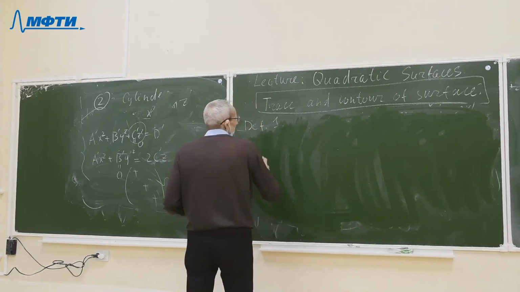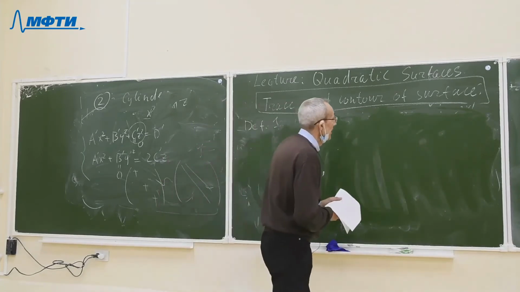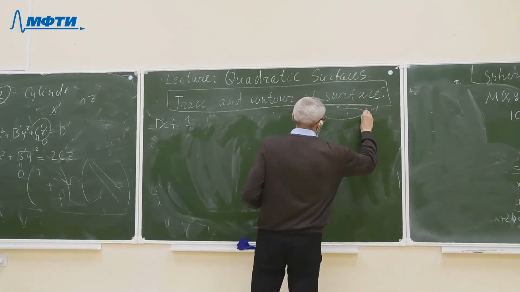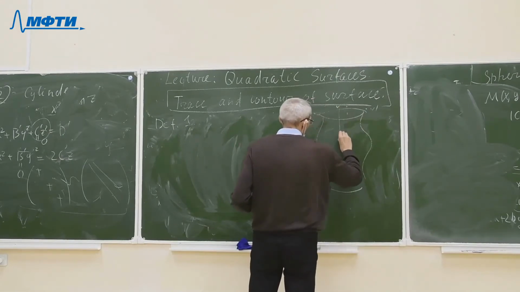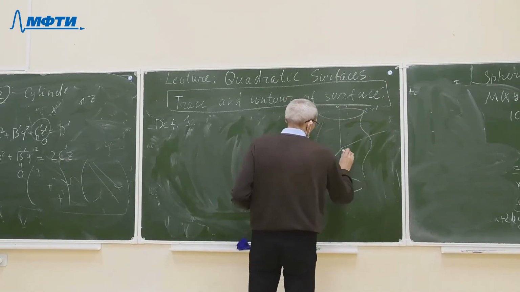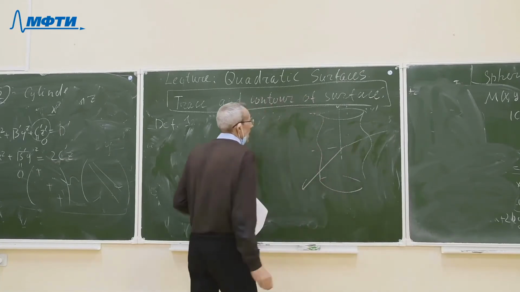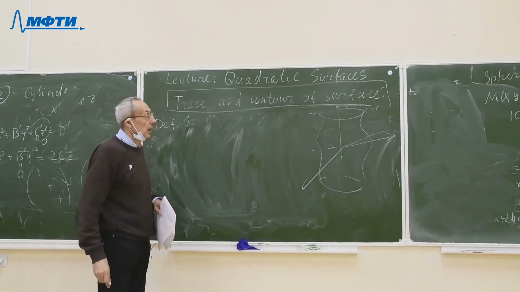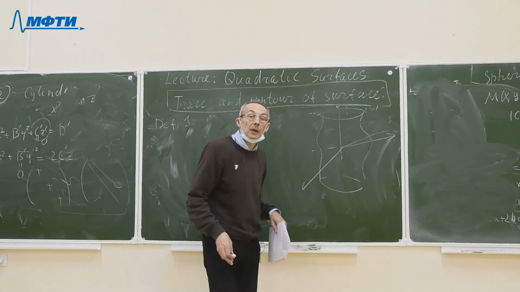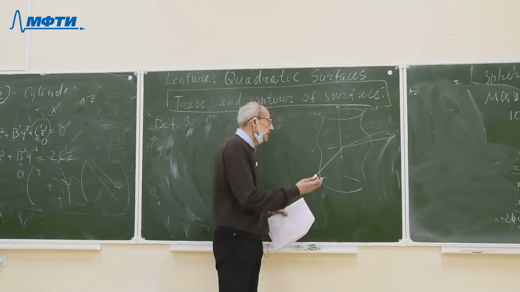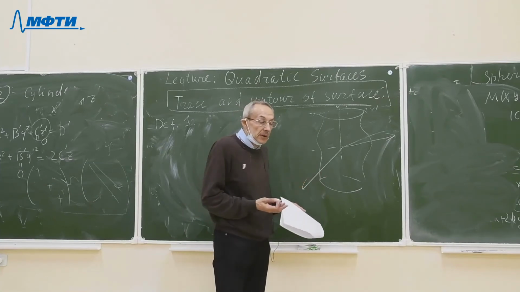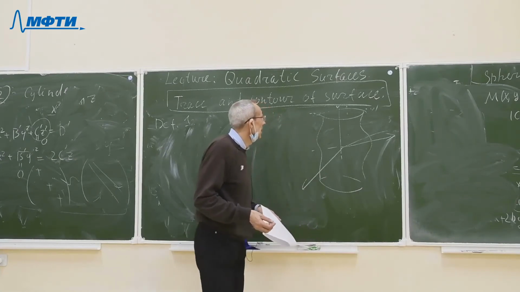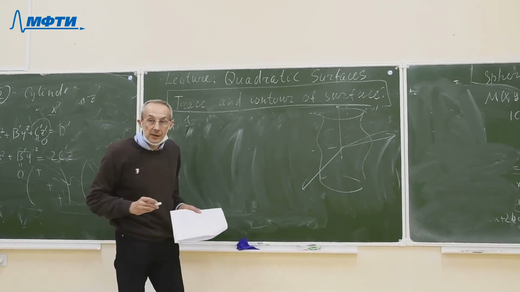The definition: trace and contour of the surface. We have some surface, and we can obtain the intersection of our surface with one of the coordinate planes. The intersection of the coordinate plane and our surface is some curve, and this curve is called the trace of the surface.